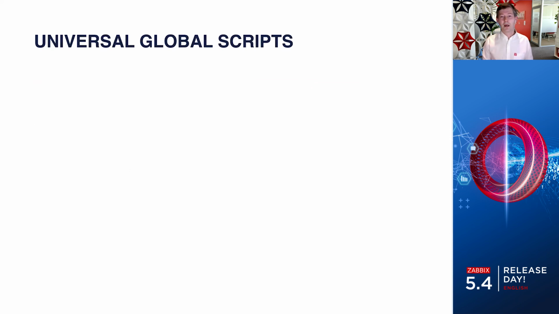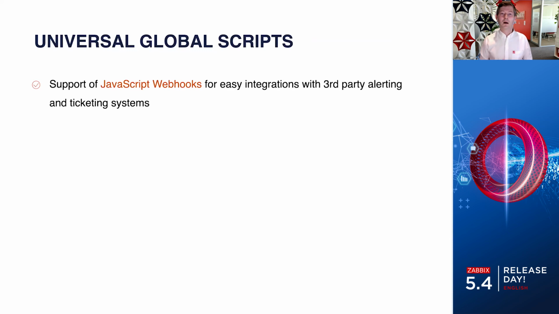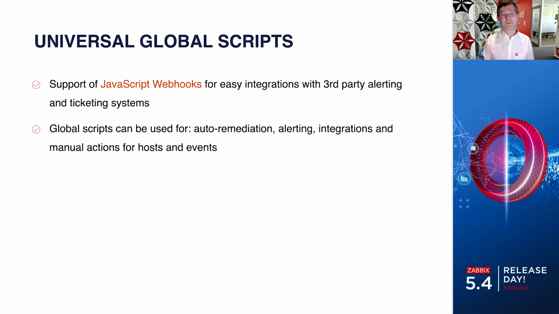Another nice improvement, I would say also simplification of a Zabbix setup, is the introduction of a universal global script. What's it all about? First, we have introduced JavaScript webhooks for global scripts. Very nice feature, because as you know, we use webhooks for many different purposes right now, for preprocessing, for integration purposes, for data collection, and now you can use it for global scripts.